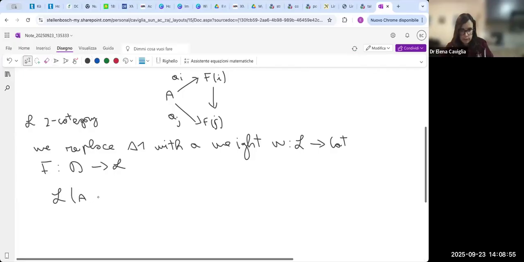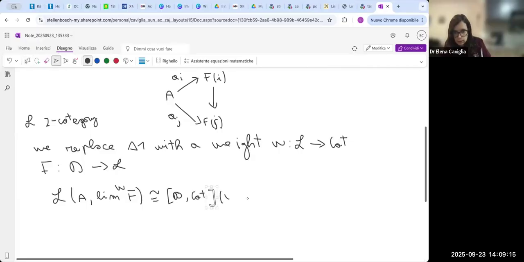We have L(A, lim of F weighted by W) and Cat(W, L(A, F)). Like this, and this is natural in A. This is precisely what happened earlier, the naturality.